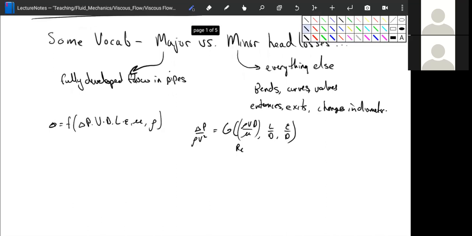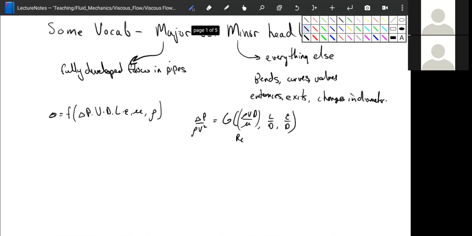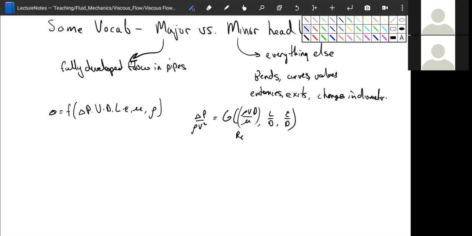And what's great is from our other modeling experience, from our experience with laminar flow, we know that this function has a particular look to it. We know that delta P over rho V squared is going to look like L over D, because we know if we double our length, we double our pressure that we need.